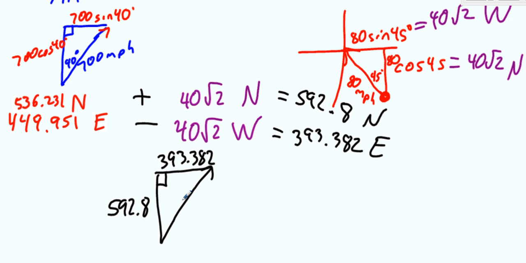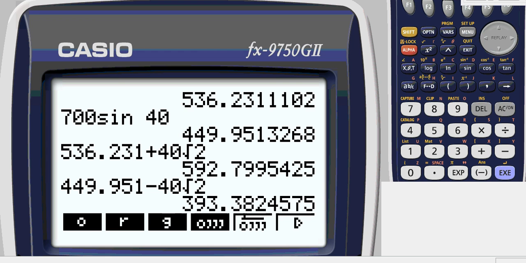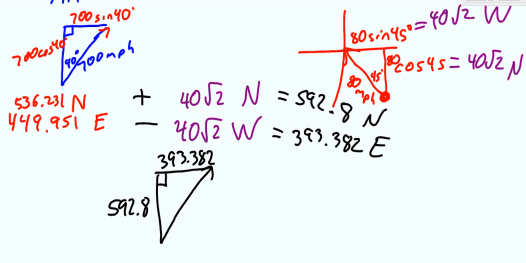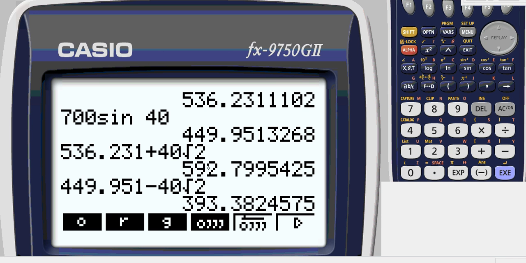So we can find the hypotenuse, which is the magnitude or the actual ground speed, by doing Pythagorean theorem. The 592.8 squared plus the 393.382 squared.